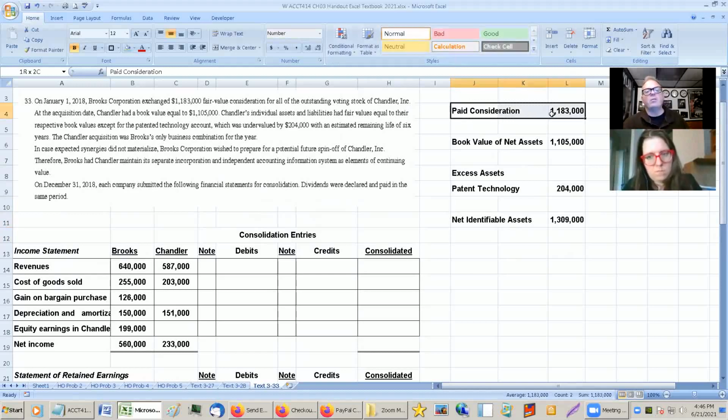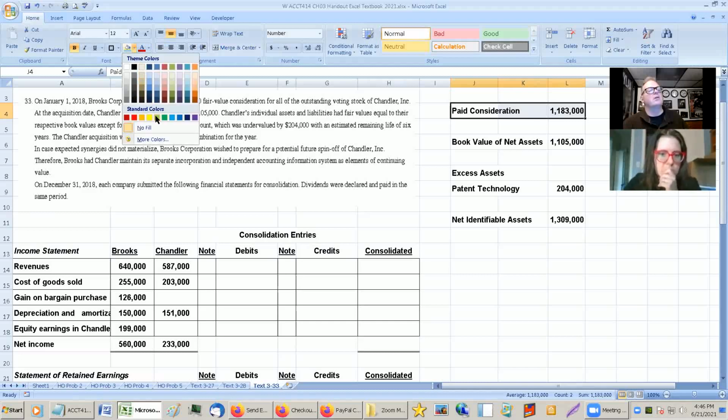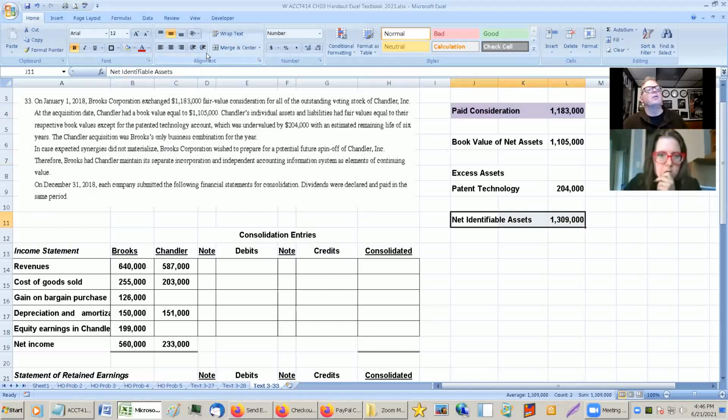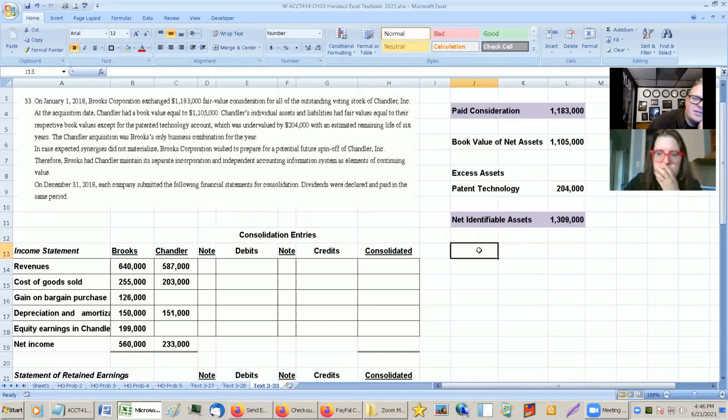So we're going to compare what we paid. We'll do that. All right. So this, you'll notice, we paid less than the net identifiable assets.